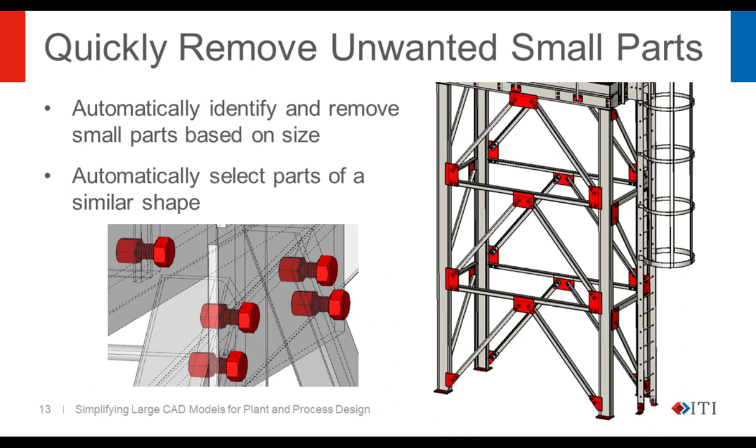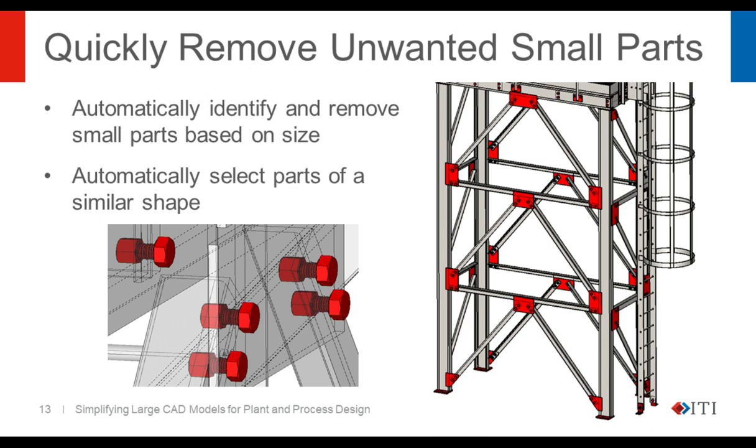I think nuts and bolts are a very, very good example. We see lots of cases where an equipment model contains thousands of nuts and bolts, all of which have been modeled in the mechanical CAD system with full detail. So thread definitions, small rounds on the nuts and on the bolt heads, totally irrelevant for the plant layout.